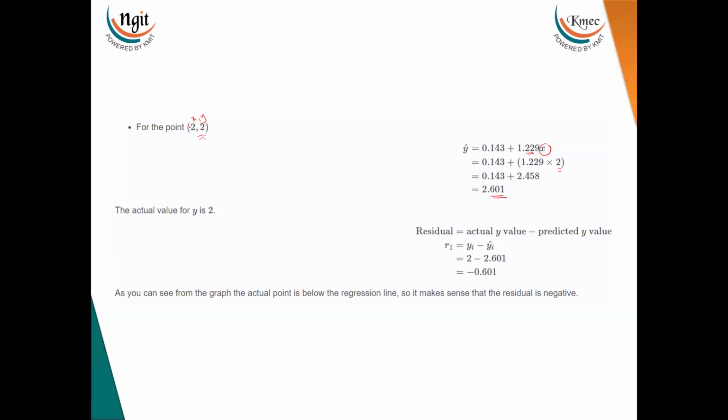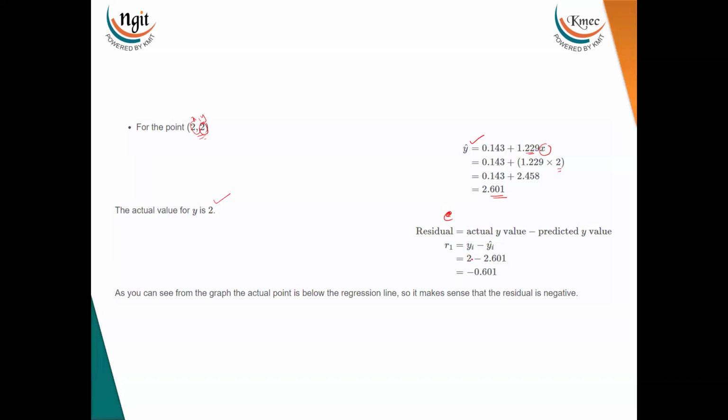Now, the actual value is 2. We have to calculate the residual for the actual value 2, which we can also call E, the residual. In the earlier classes we discussed that it is represented as E, equal to the actual y value minus the predicted y value. The predicted y value is 2.601 and the actual value is 2.